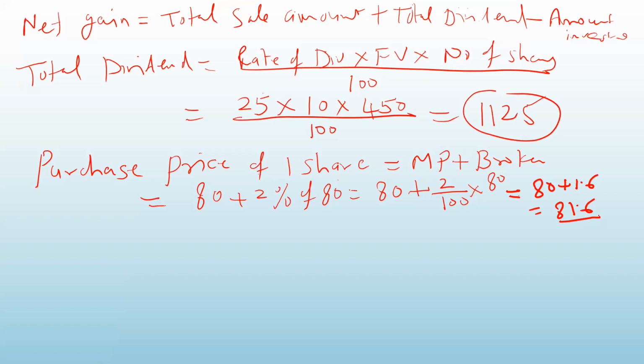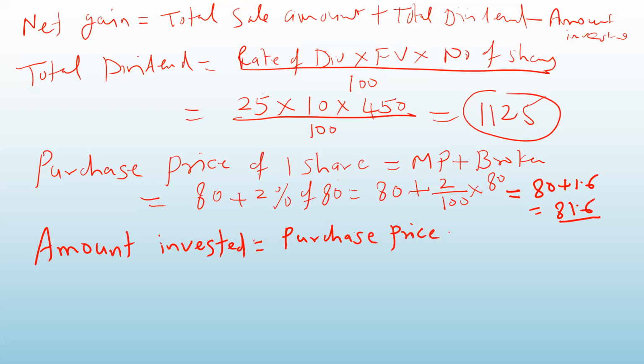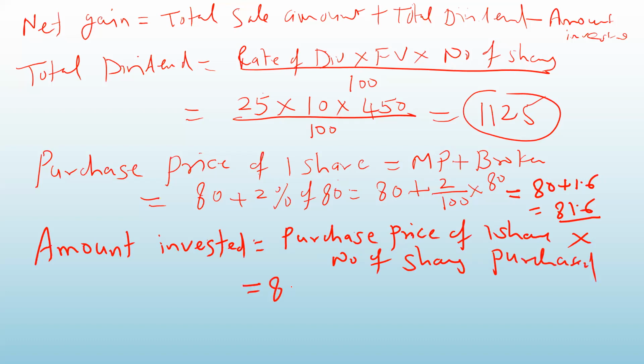Now we have to find out the amount invested. What is the amount invested? It is the purchase price of one share multiplied by the number of shares purchased. What is the purchase price of one share? It is 81.6. And how many shares were purchased?